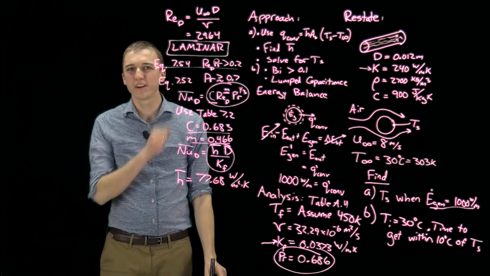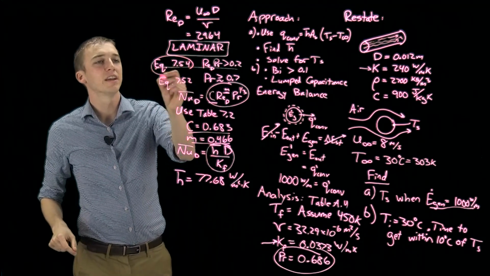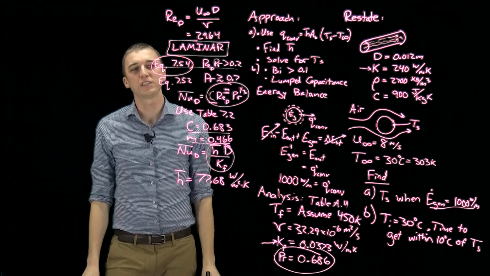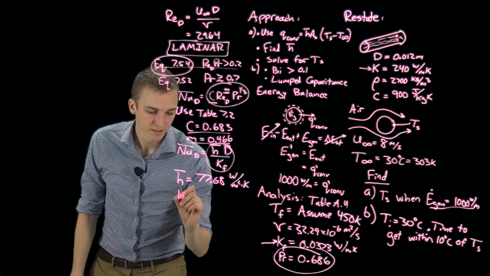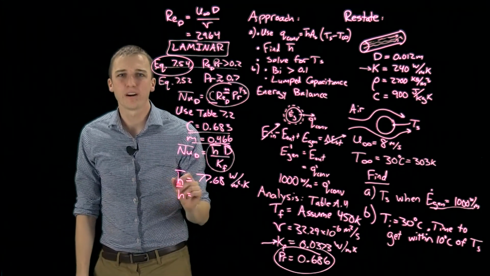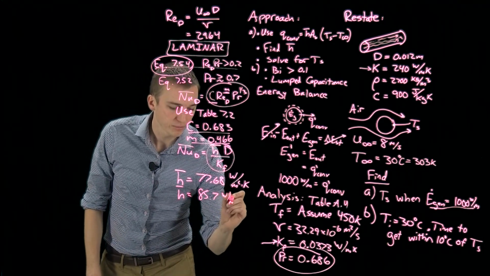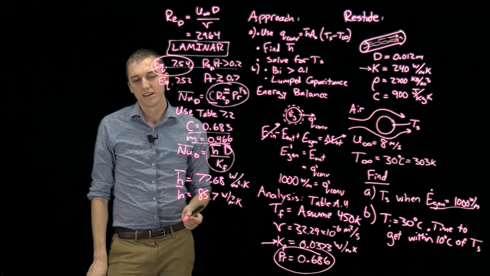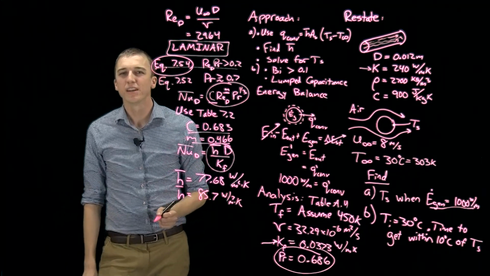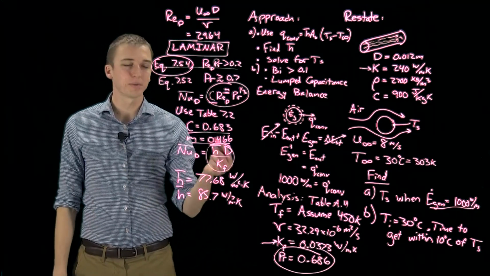Now, because I was curious, I also computed h bar using equation 7.54, which is probably more accurate for this specific situation, and got an h bar of 85.7 watts per meter squared Kelvin. So that's a difference of about 8, which is around 10%. I'm going to say that's all right, since our error is probably on the order of 20% for either of these, and move on.